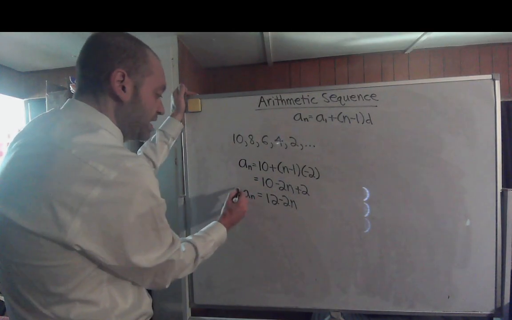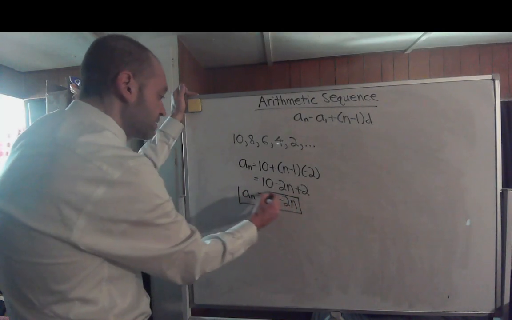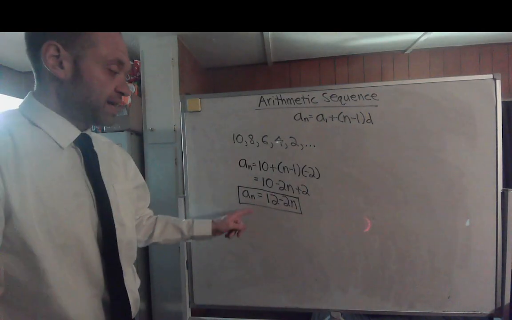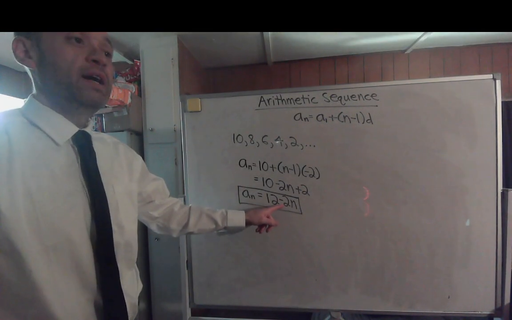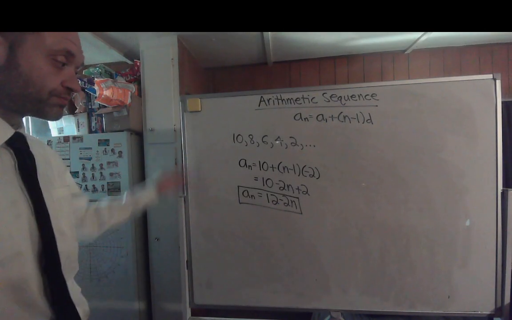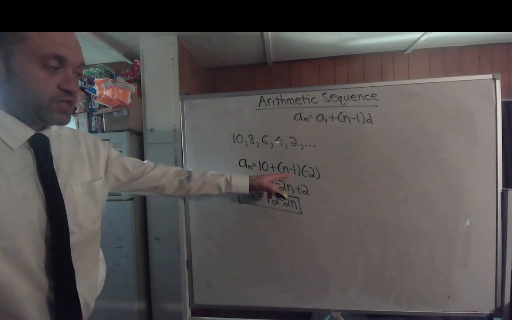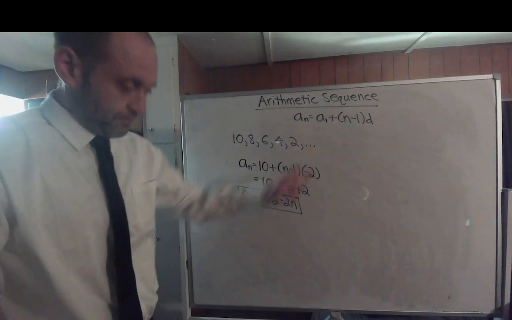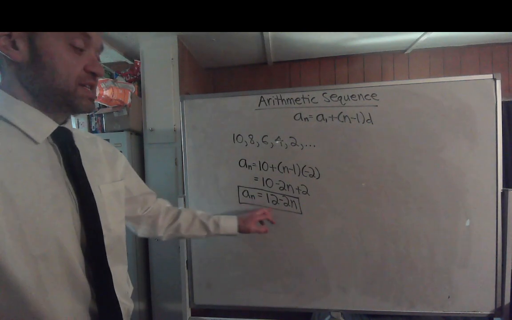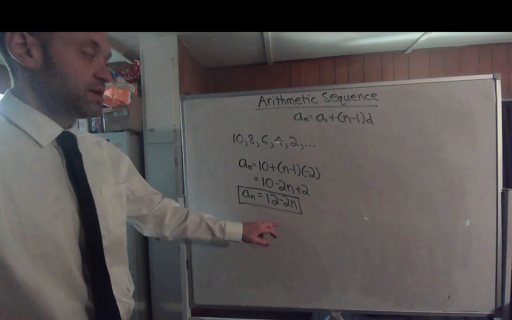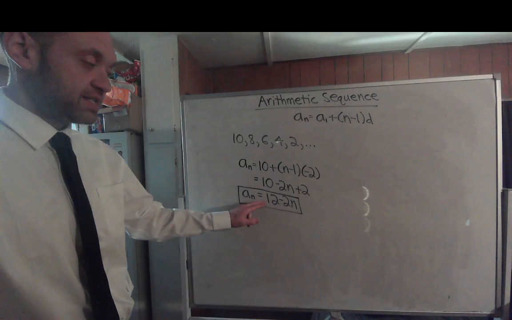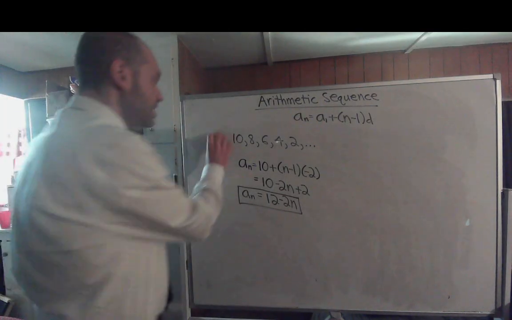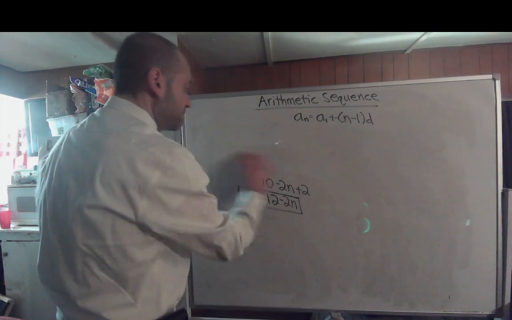So for this particular arithmetic sequence, the formula is a sub n equals 12 minus 2n. Once you do your distribution, you'll start with this formula, and you'll work to simplify it by distributing, where you have only one constant term and the n variable term. And I'll leave that formula up for now.